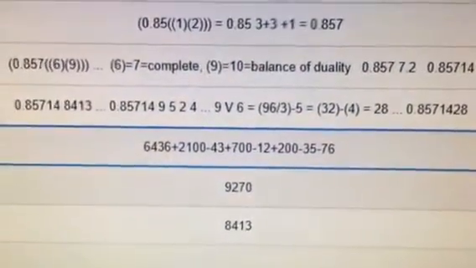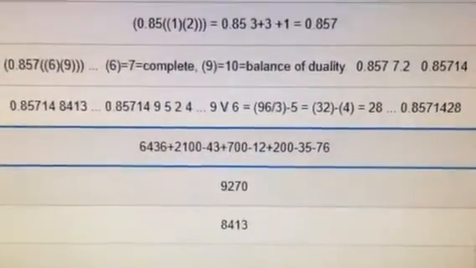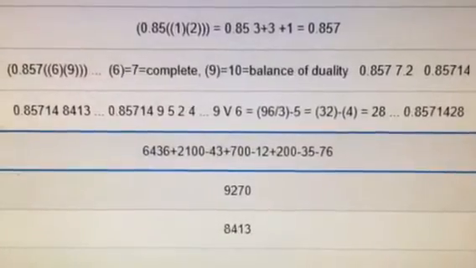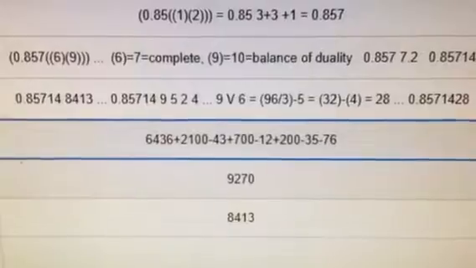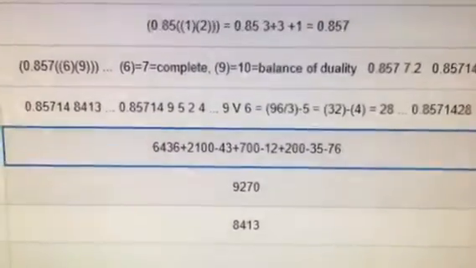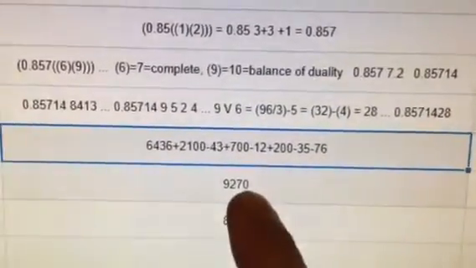So I came up with this equation out of nowhere. 6436 plus 2100 minus 43 plus 700 minus 12 plus 200 minus 35 minus 76, and I got 9,270. When I got to here, I remembered back here, and I said, that's really close.